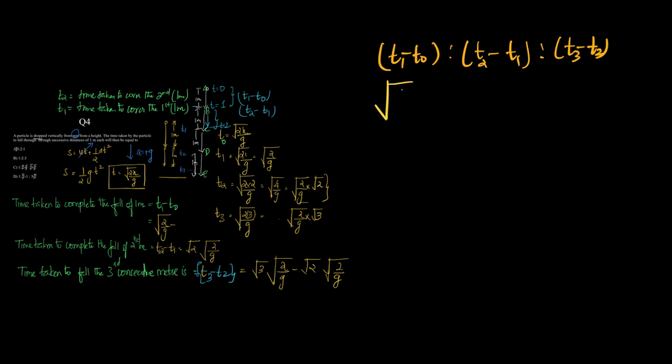It is root of 2 by g. What is t2 minus t1? Now, what I'll do here is I'll write this as root 2 by g into root 2. What is t3 minus t2? Okay, I just took t2, I didn't take t1. Okay, so this is t2 minus t1.